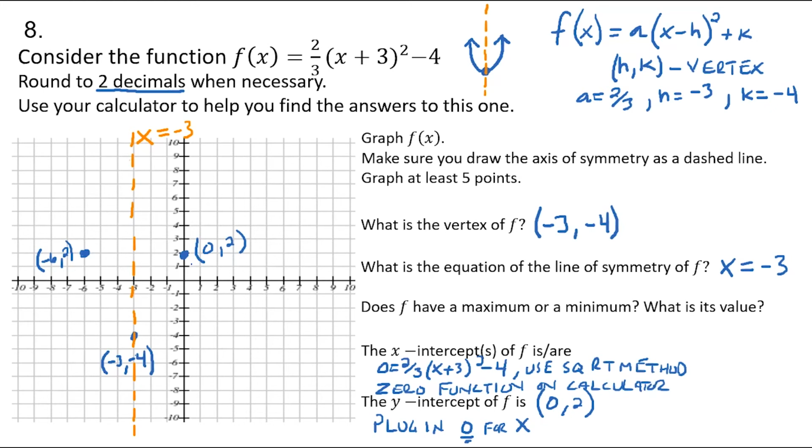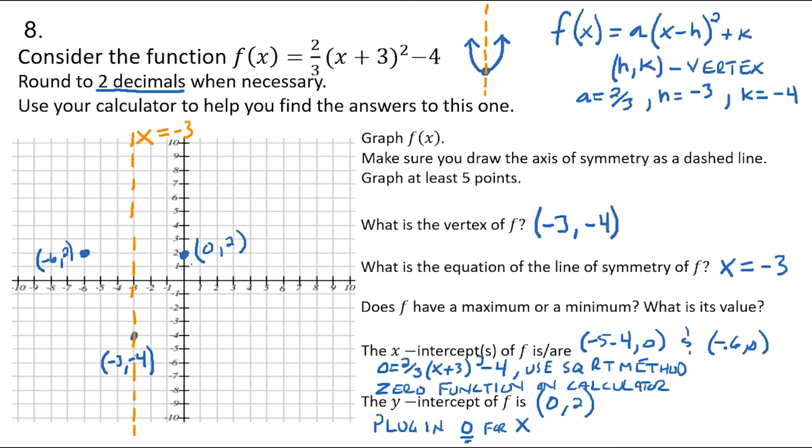When you use either one of these methods, and of course you round if you're using the square root method or your calculator, what you will get is 2 coordinate points. The first one, after I round, will be -5.4, 0, and then the other one will be -0.6, 0.